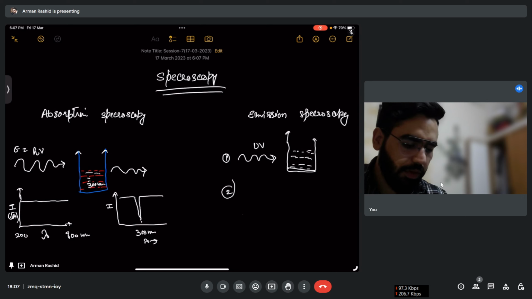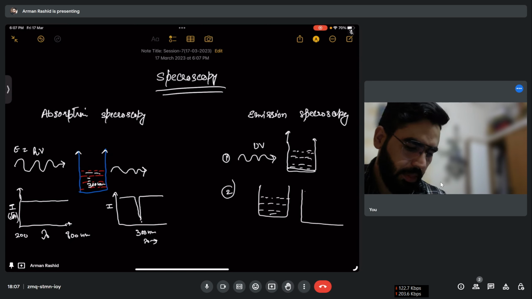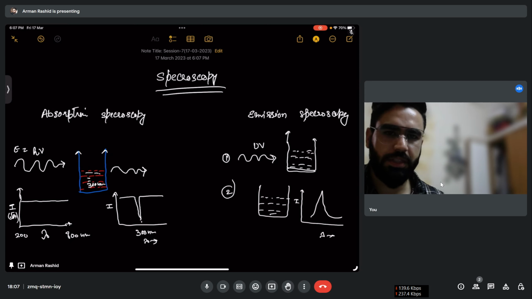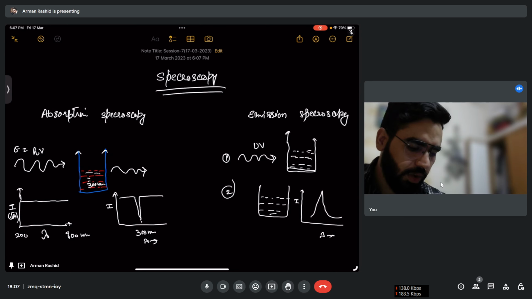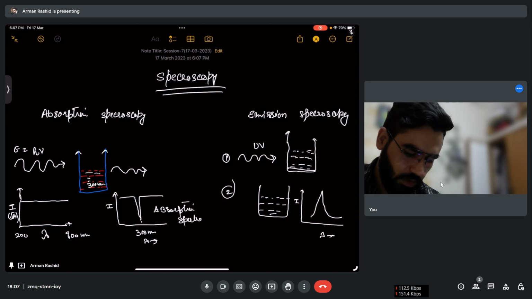Once we remove the light, we see what intensity is given by the particular substrate. So this is an absorption spectra, and this is an emission spectra.